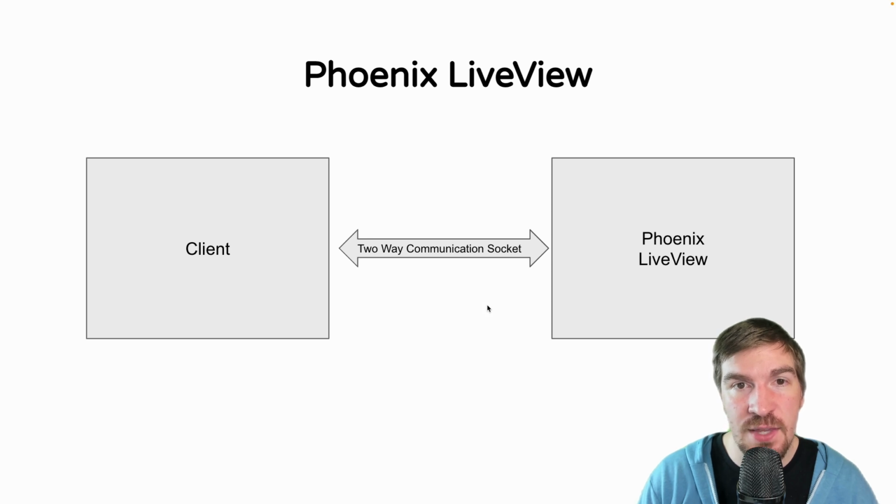So it's different than older or traditional styles of web application development in that you create a two-way communication between the user and Phoenix LiveView. And that allows us to actually serve HTML over the two-way communication, and also allows us to cut out JavaScript. So we can actually build applications that have zero JavaScript.